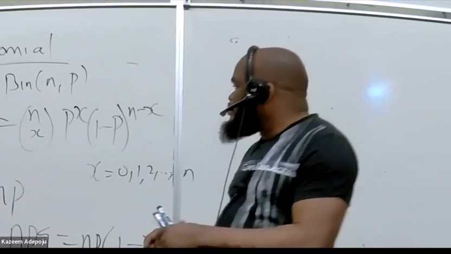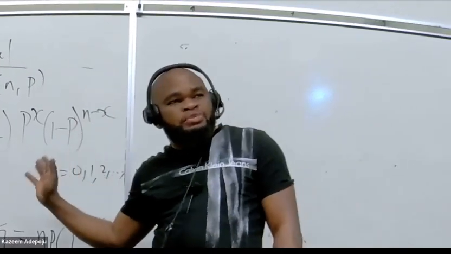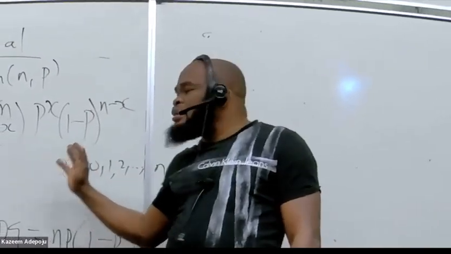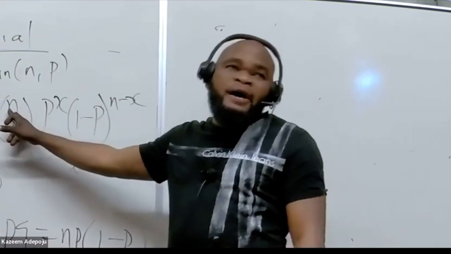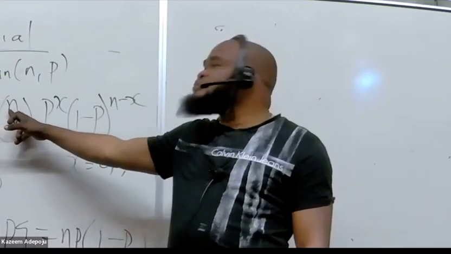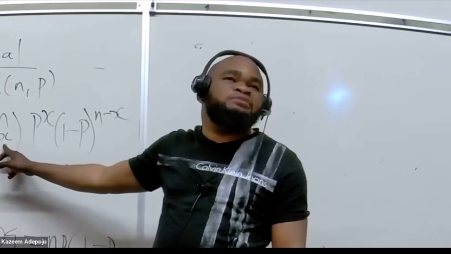Okay. In binomial distribution, n is the number of trials, x is the number of successes that I got.